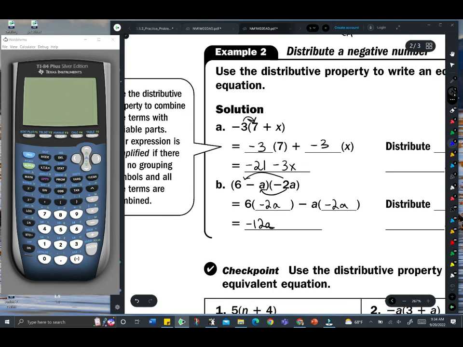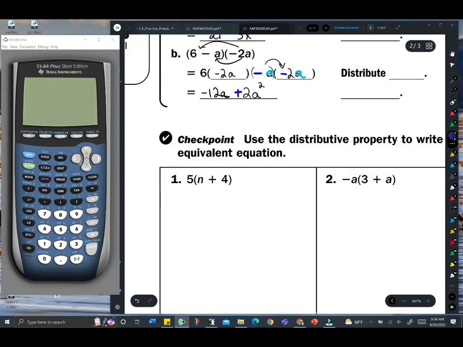We have minus a negative, so negative a times a negative. Negative is positive, and 2a squared. The a squared came from a times a. Also, it's a negative, so negative and negative is positive.